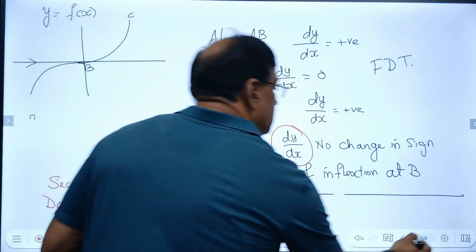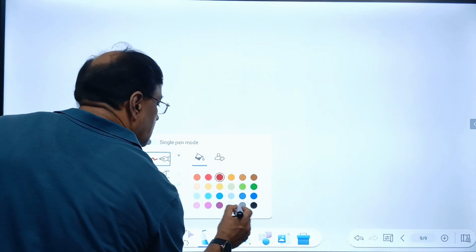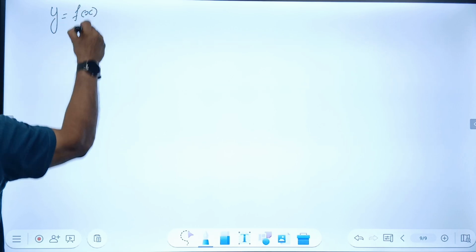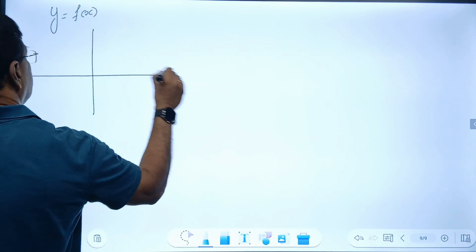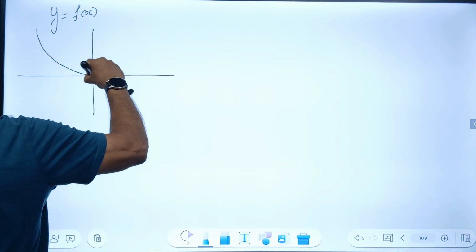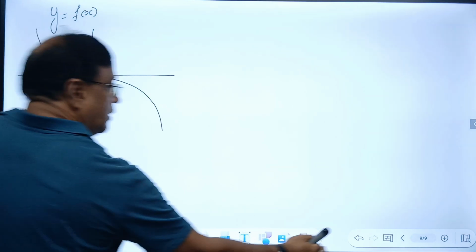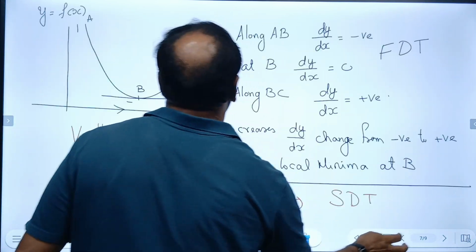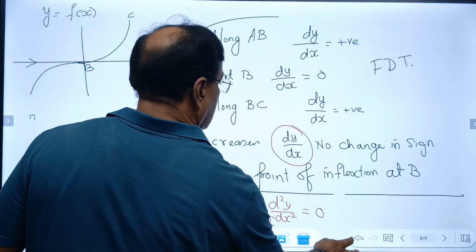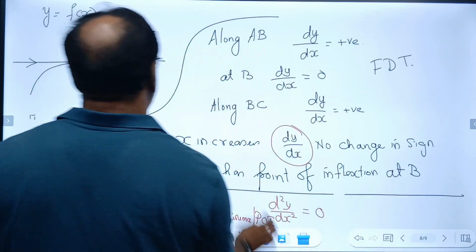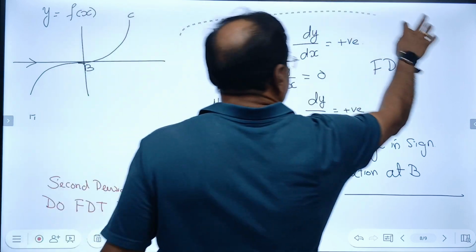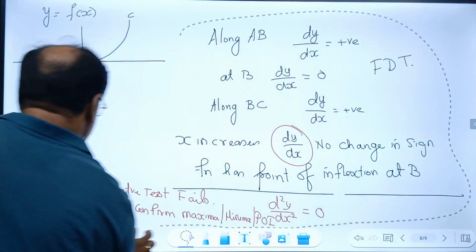Okay. Now, this is one situation. You can have another situation like this. This must be easy to understand. y equal to f of x is a function. Let us assume it represents a graph like this. Whatever I want, I'll take from here, so I need not write again and waste our time.